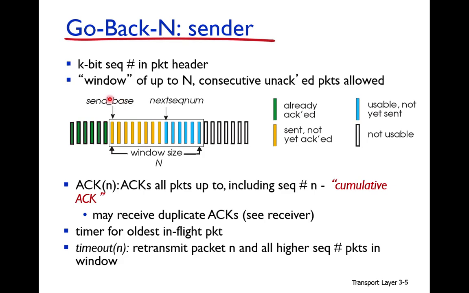It indicates the oldest packet that is sent. And N means the window size, that is, how many packets can be sent at a time. So if the next sequence number is equal to send base plus N, that means that N packets are sent and their acknowledgement is not received. So you cannot send more than N packets at a time.